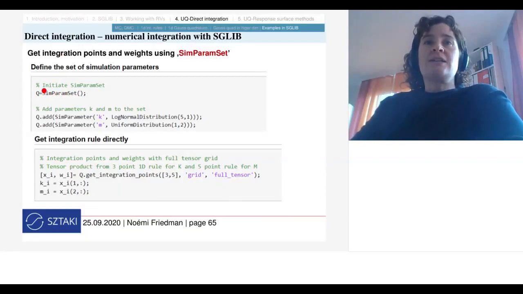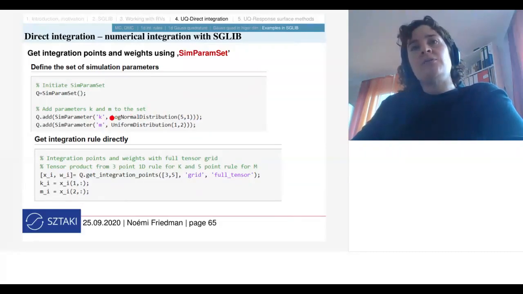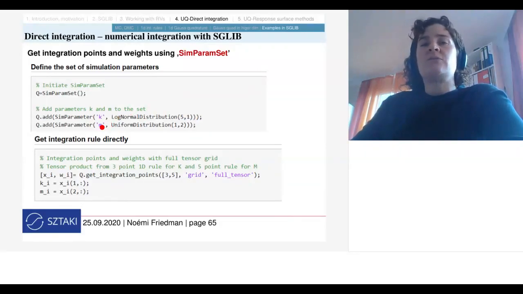So I have created, actually, that was my thing to add to the SGLib. There is an object called the sim param set and the sim parameters. So you can define in SGLib sim parameters where you can assign some notation. I call this parameter k, and I call this parameter m, and I put here the distribution that I want to assign to k and the distribution that I want to assign to m.